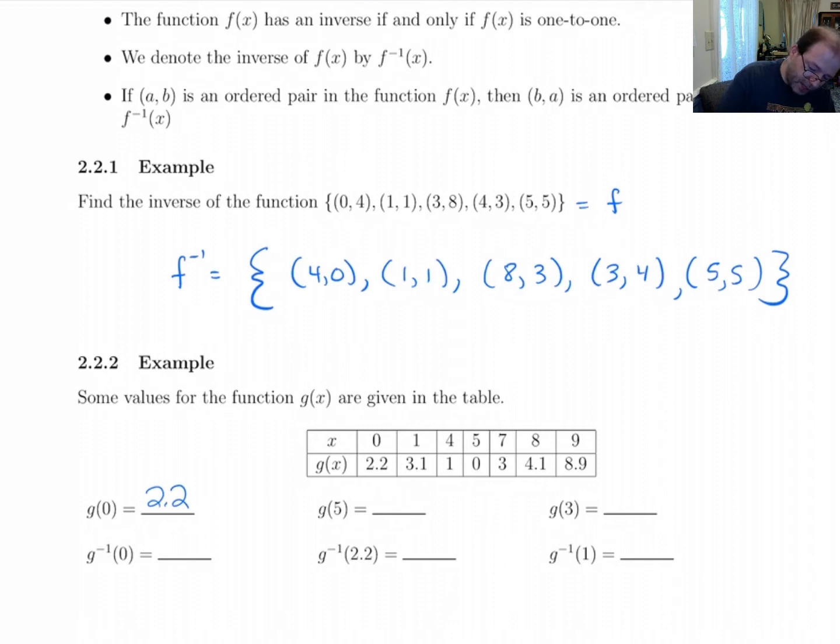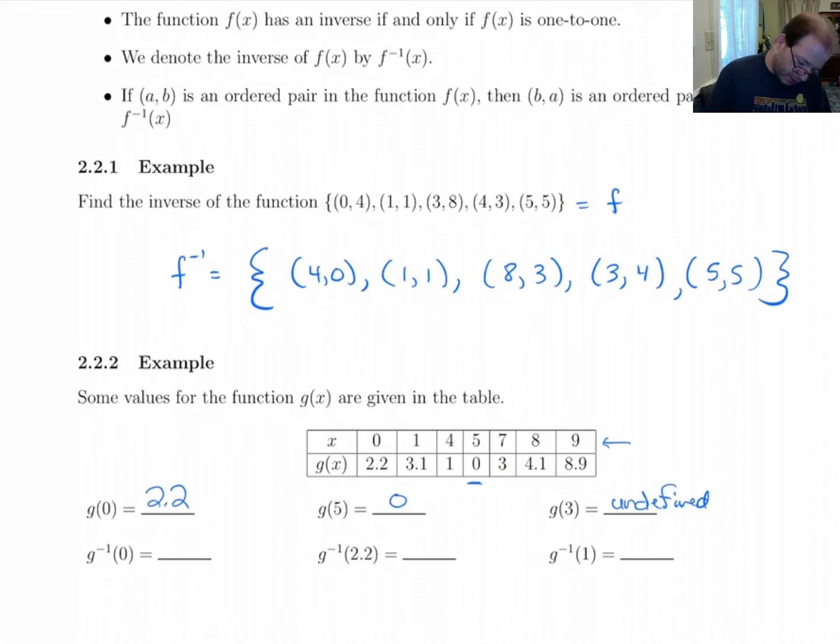I'm going to do the same thing for these other two up here, where we've got g of 5 and g of 3. g of 5 is going to be 0, and g of 3 is undefined. Why? Because g isn't defined for any value of 3. None of these up here are 3, so that one's undefined.